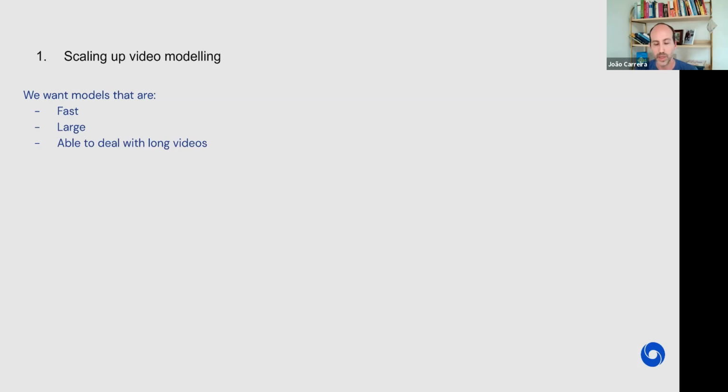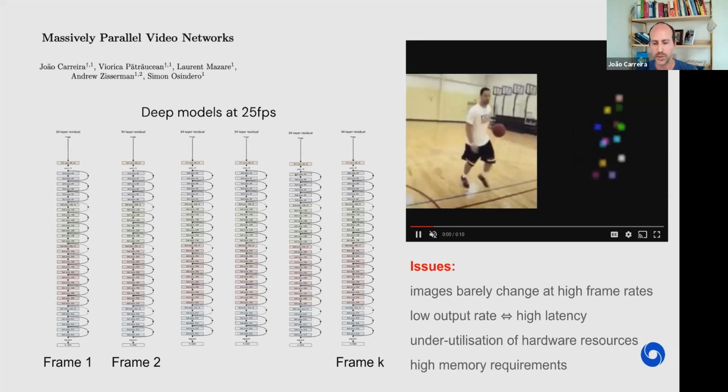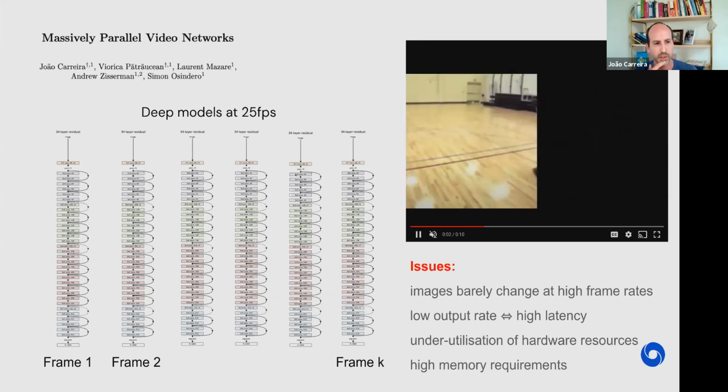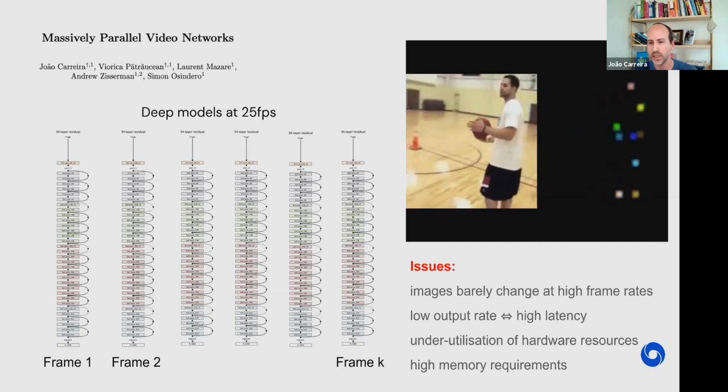It needs to have these very long-range dependencies. So we're interested in that. And one paper we had a few years ago was about reducing the latency of video processing.